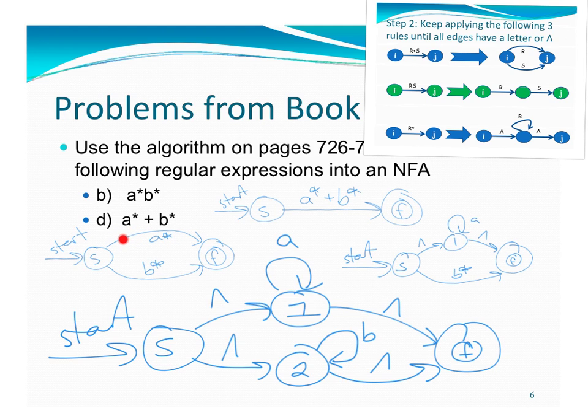So that means we accept two different kinds of strings, right? This kind or this kind. We accept strings that have 0 or more A's in them and strings that have 0 or more B's in them. And if you look at this NFA, sure enough, here's the path you take if you want 0 or more A's, and here's the path you take if you want 0 or more B's.